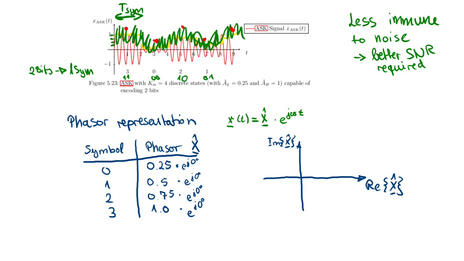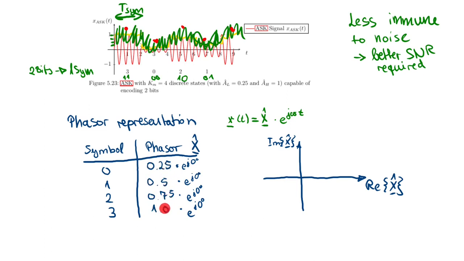So we have here 4 discrete states, and to each symbol here, an amplitude value can be assigned, and actually you see the amplitude values here.